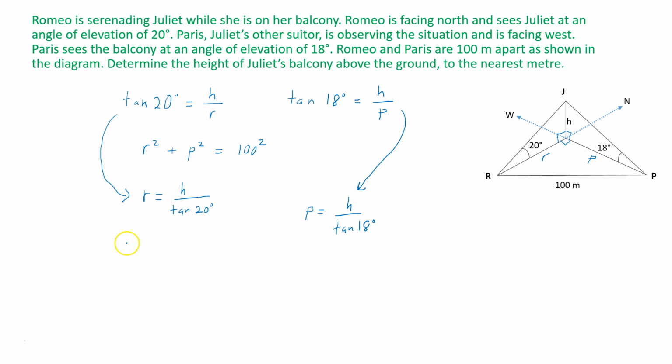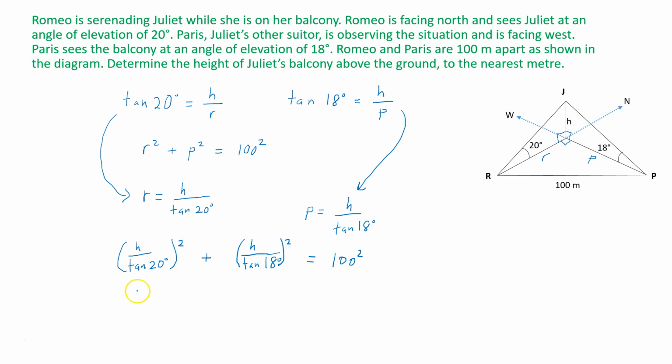So what we're going to get is h over tan 20, squared, plus h over tan 18, squared, is going to equal 100 squared.